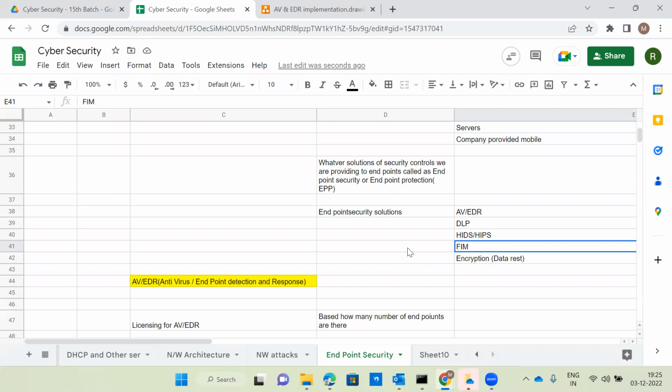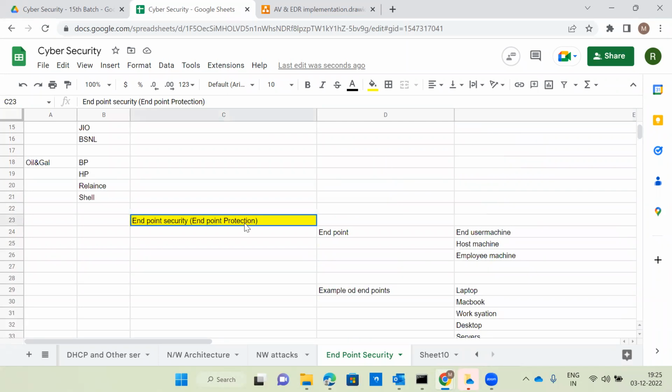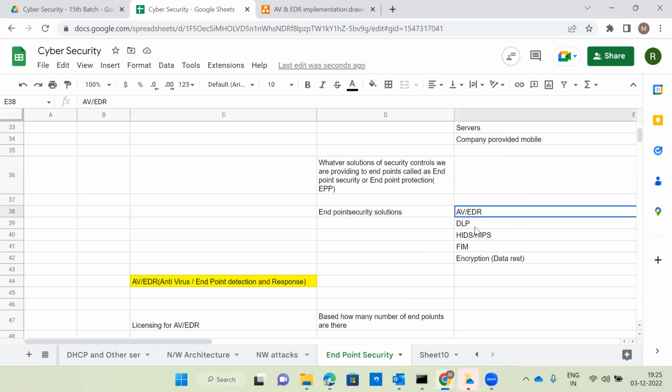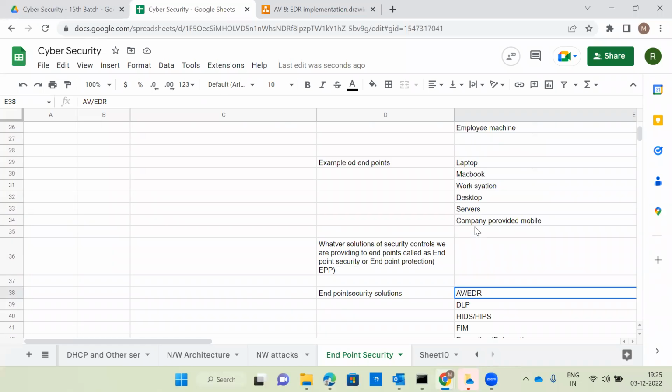For endpoint security we have a lot of vacancies available. Please go and check in Naukri: search endpoint security and click on the search button. So many vacancies will come. There are dedicated vacancies for CrowdStrike, Cylance, SentinelOne, and Carbon Black from VMware. So that is about overall endpoint security.